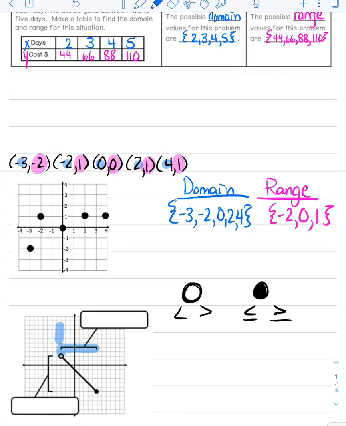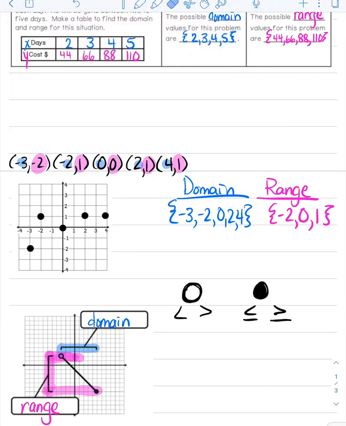See the graph goes from here to here on the x-axis, so all of those are my domain values. Then if I look at the y-axis from here to here, see that? All of those are my y values or my range.